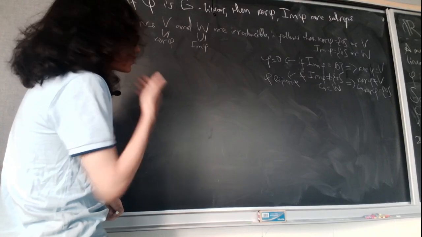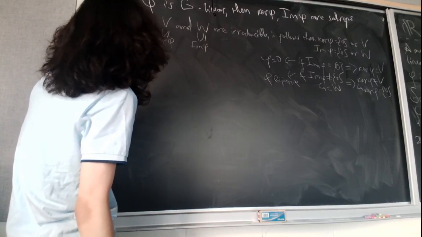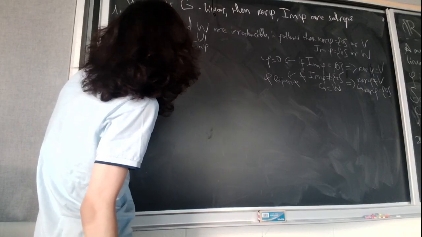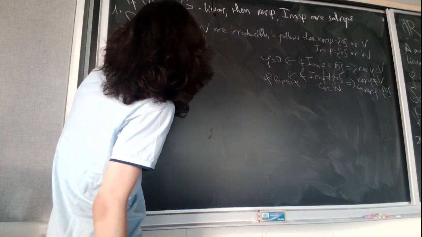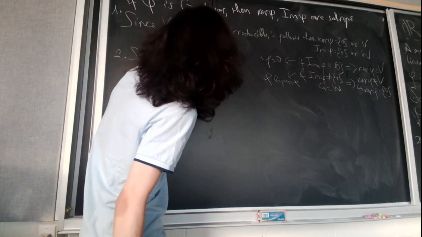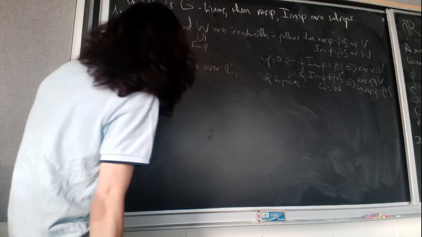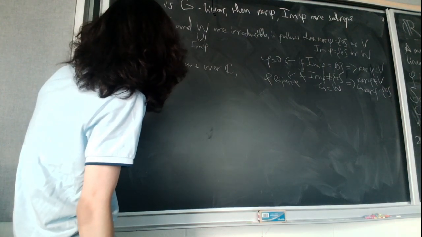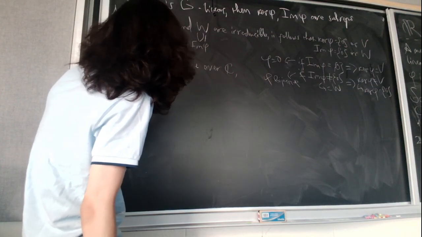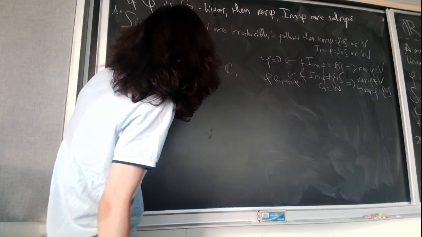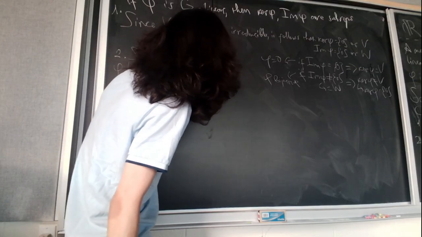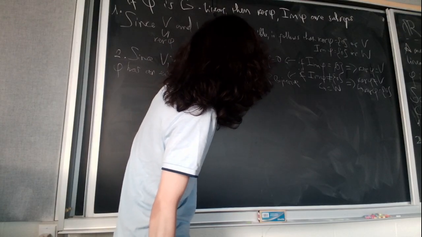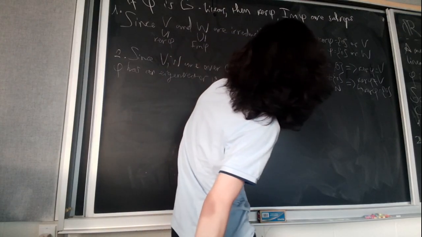2, okay. So consider, since we're working over C, phi has an eigenvector v with eigenvalue lambda.